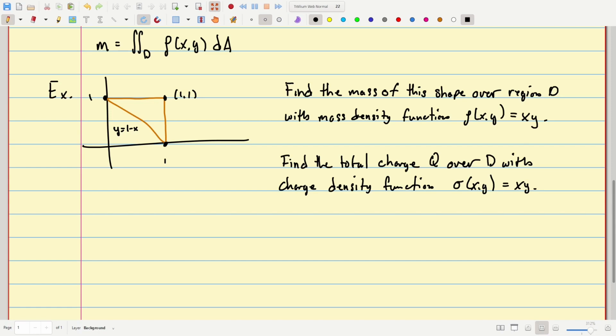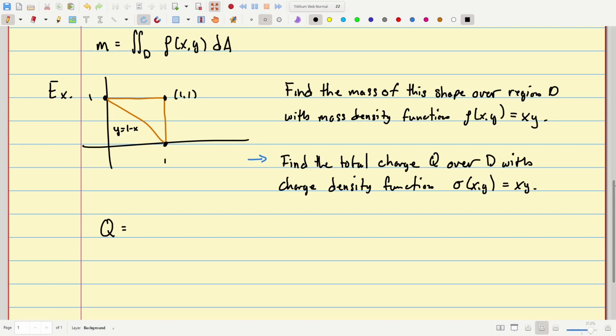This is going to be the same problem; the math is the same. So you can be asked to find total mass or total charge, and you will be given either a mass density function or a charge density function. Mass density functions usually use rho, and the charge density functions in the textbook use sigma. So we'll do the second one, but it's going to be the same type of expression.